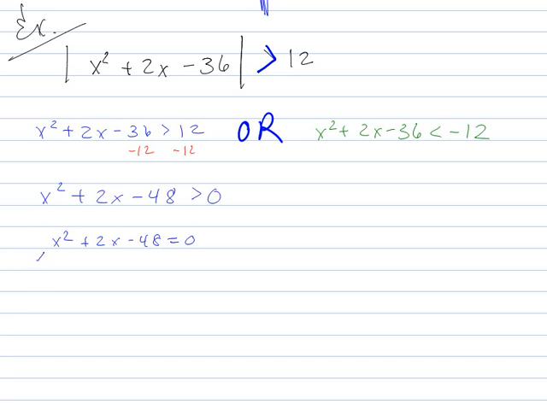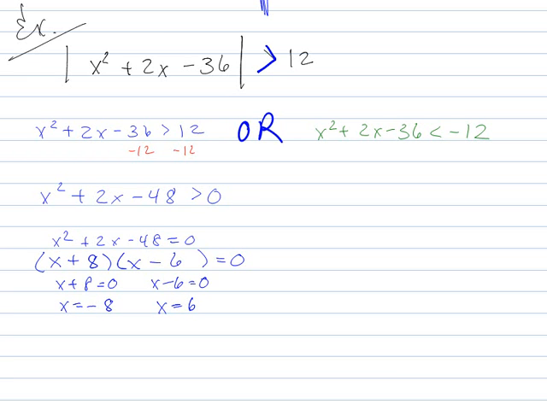You're probably getting kind of tired. Don't start this homework late, because it's not going to be fun. And this is a negative, so plus not minus. After a little bit of finagling, I can get that these are my zeros: x equals negative 8, and x equals 6.